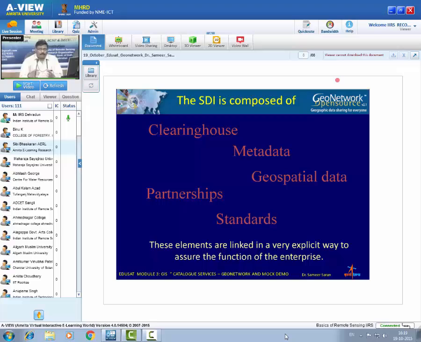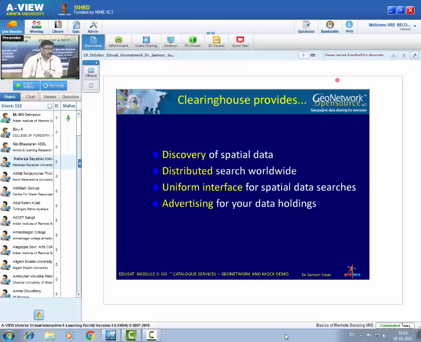So what I mean to say is that it's a holistic approach by which you can build any spatial data infrastructure. So you can see that the role of clearinghouse is like a regional SDI, which is nothing but the front end portal which allows the discovery of the spatial data.